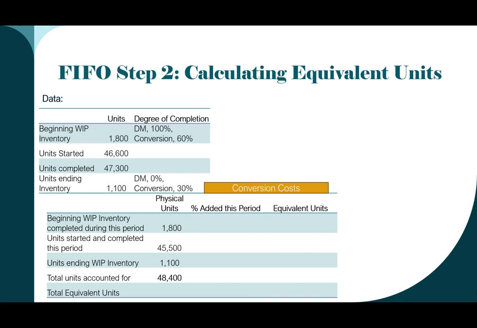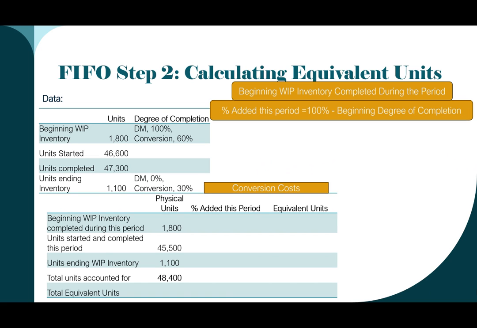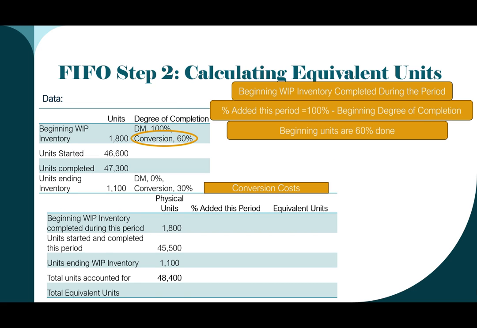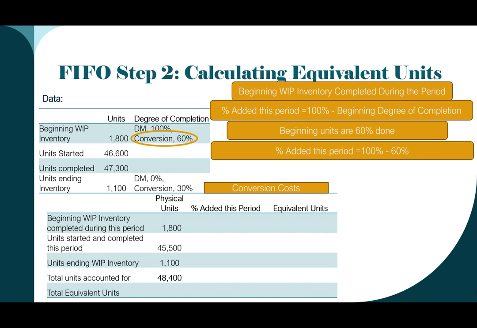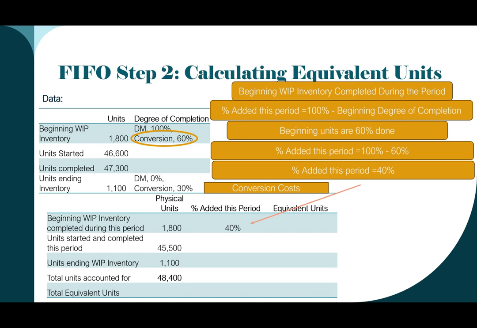So we start with our beginning work in process, determine the amount that was completed during the period by taking 100% minus the degree of completion that was given at the beginning. In this case, it was 60% with regards to conversion costs. Since the items in process were already 60% complete, that means during the period, the other 40% was added in. And so we put 40% in our table.